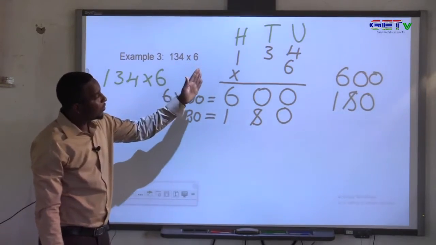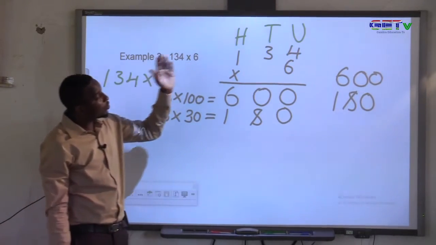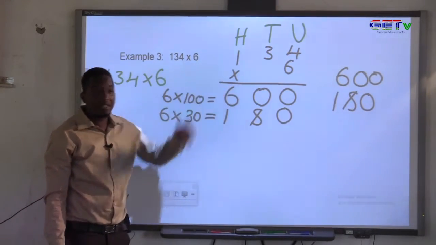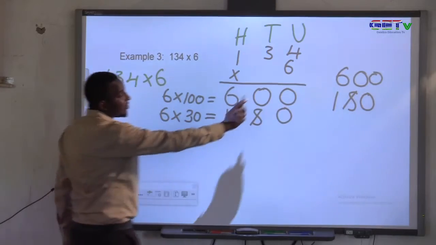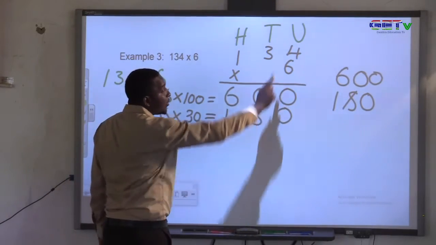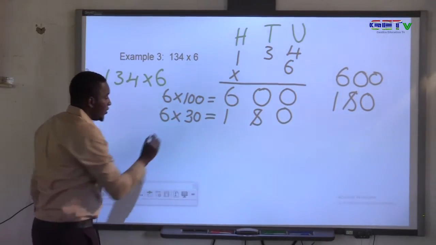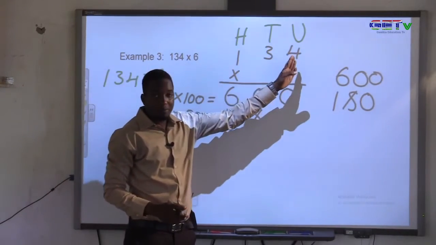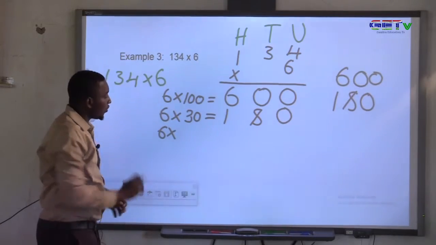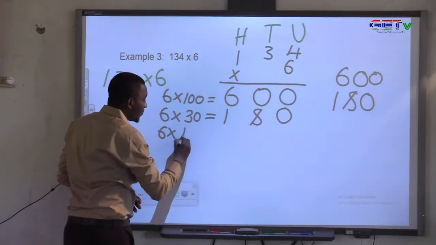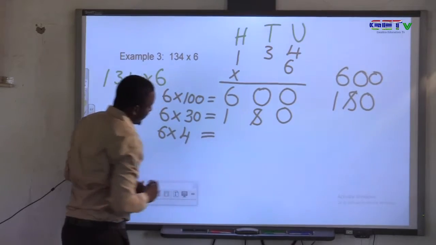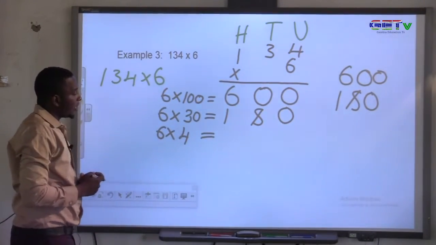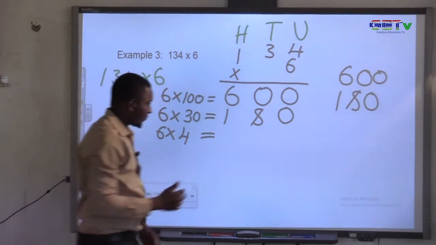We are done for the hundreds and the tens. We are left with one more, that is the units. We are going to multiply 6 by the value of 4. 4 is under the unit column, so its value is just 4. So we multiply 6 by 4, and the answer will give us 24.